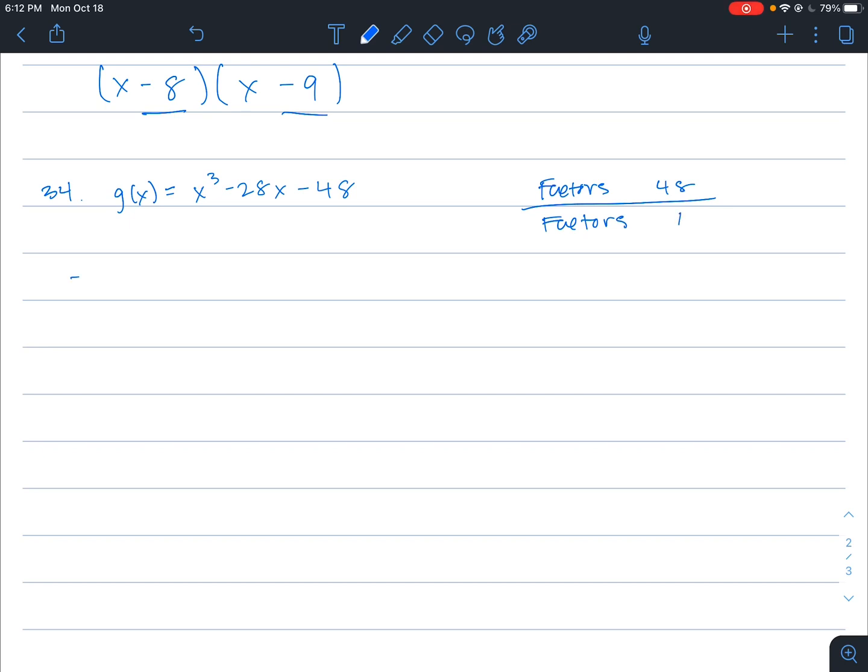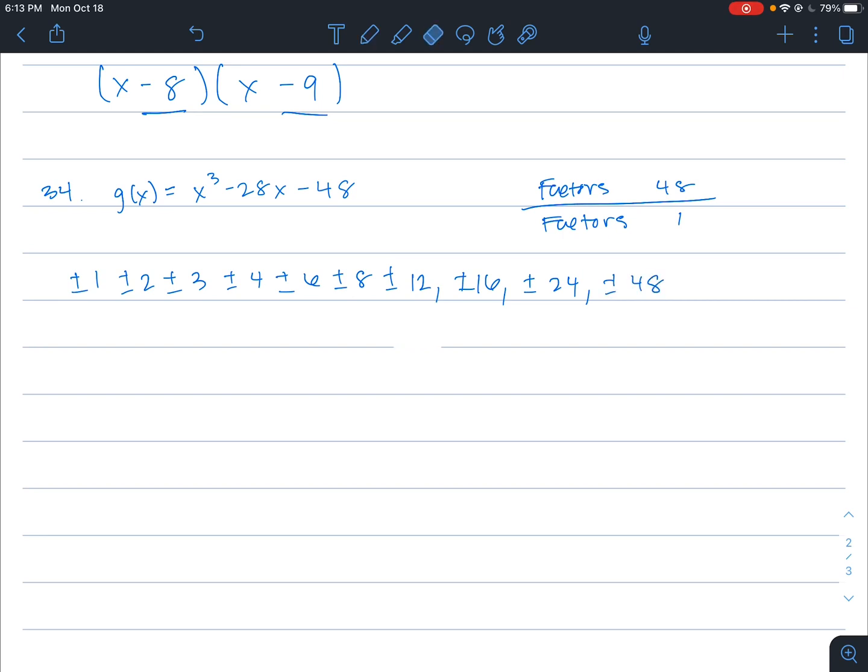So factors of 48 would be plus or minus 1, plus or minus 2, plus or minus 3, plus or minus 4, plus or minus 6, and then 8, plus or minus 12, 16, 24, and 48.